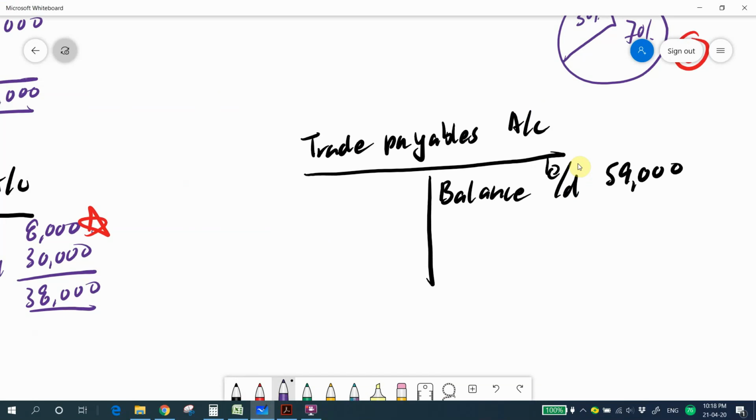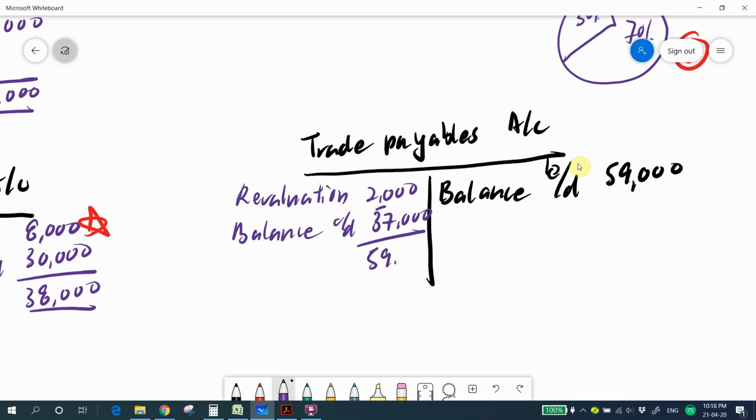It means that it decreased. In order to decrease your trade payables amount, you have to debit the trade payables account, so that the adjusted balance will change to 57,000.